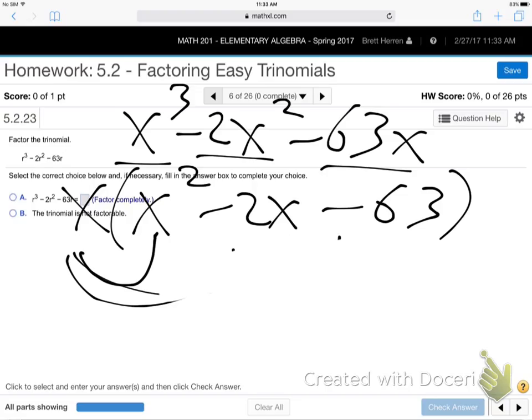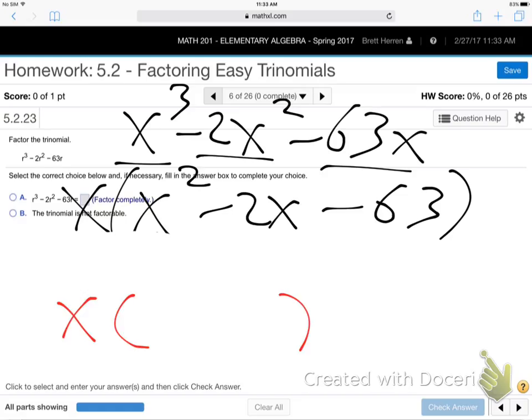Okay, now do the two parentheses. Leave the x in the front. Two parentheses. We're thinking about FOIL. Front times front. Last times last to be 63.